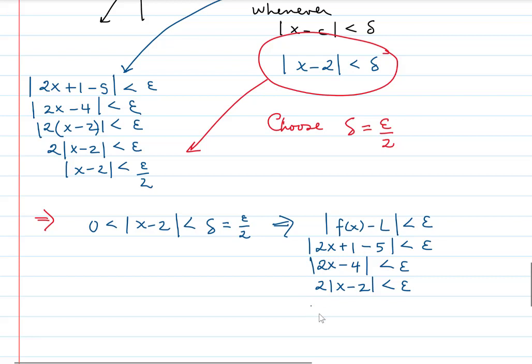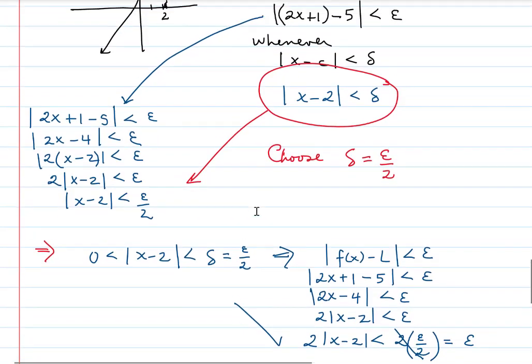So then this has to be less than 2 times delta itself. But delta, we said, is epsilon over 2, so this is equal to just epsilon. So this shows that this, in fact, is less than epsilon.